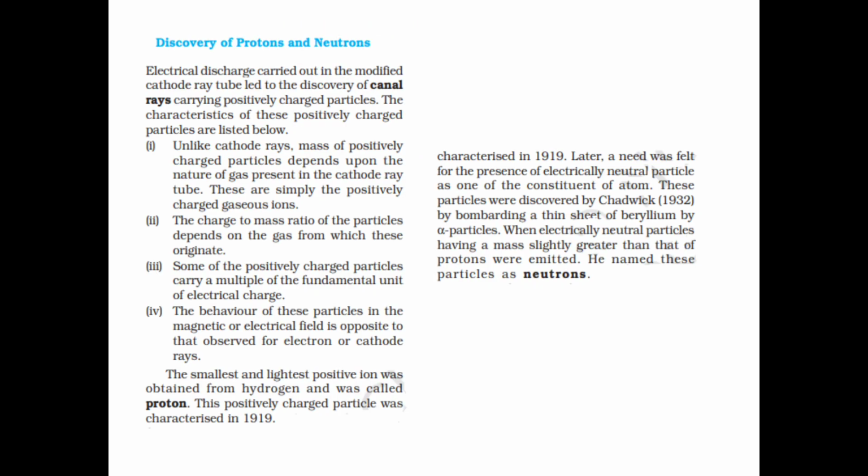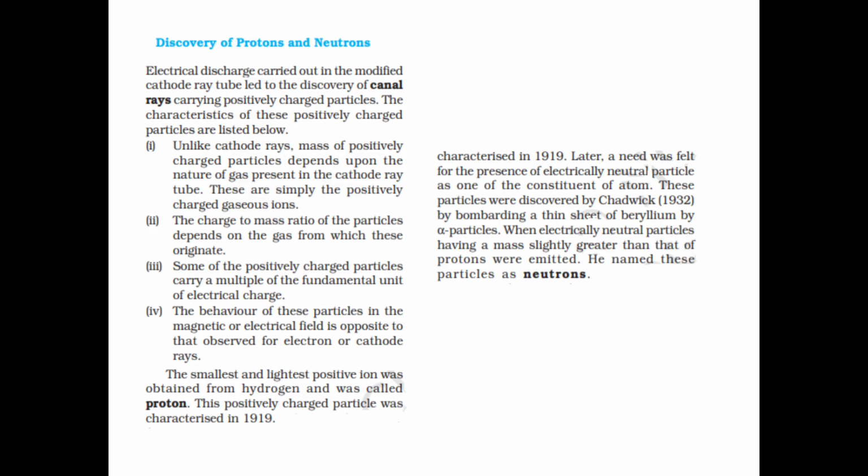Discovery of protons and neutrons. Electrical discharge carried out in a modified cathode ray tube led to the discovery of canal rays carrying positively charged particles, and the characteristics of these positively charged particles are listed below. Unlike cathode rays, the mass of the positively charged particles depends upon the nature of the gas present in the cathode ray tube.